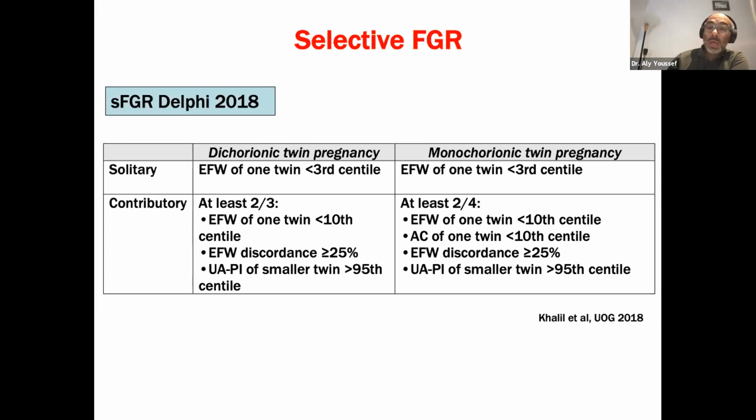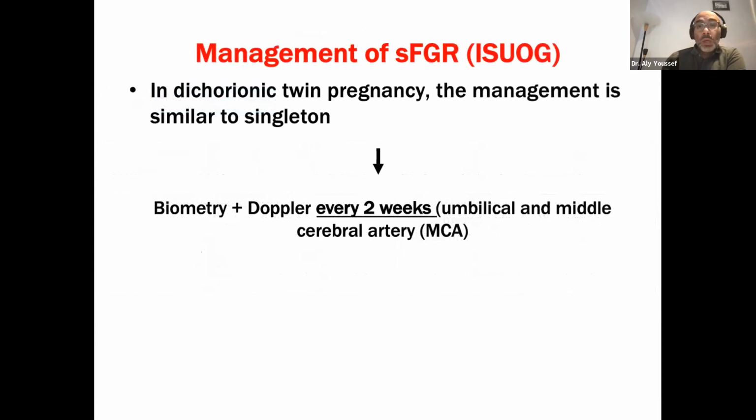Okay? So this has changed a little bit, extending the definition of the selective fetal growth restriction, both in dichorionic and monochorionic twins. So how do we manage a pregnancy with a selective fetal growth restriction?